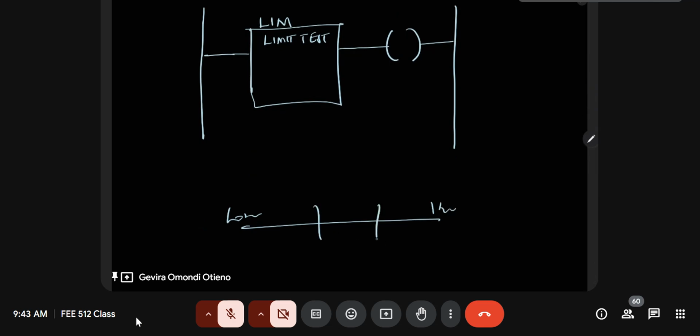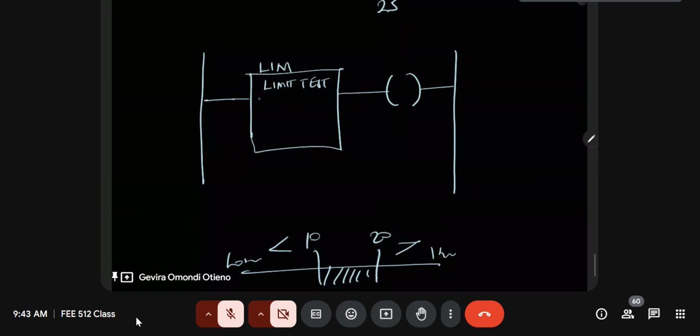So you want the range of between some value. So maybe 10 and 20. So anything that's less than 10 or greater than 20 is off. What is true is what falls within that, okay? So you'll have here a low, that's why you have to know each one of these.